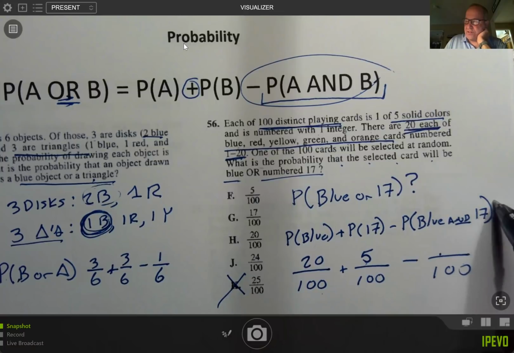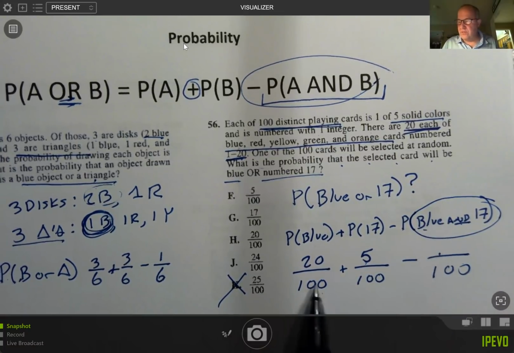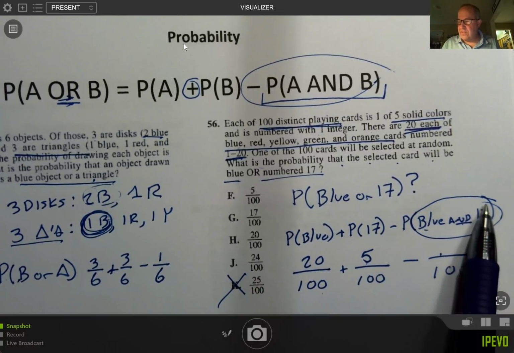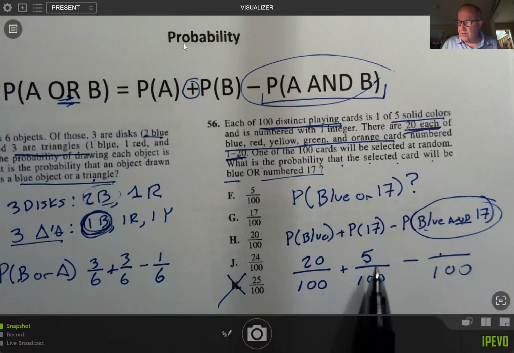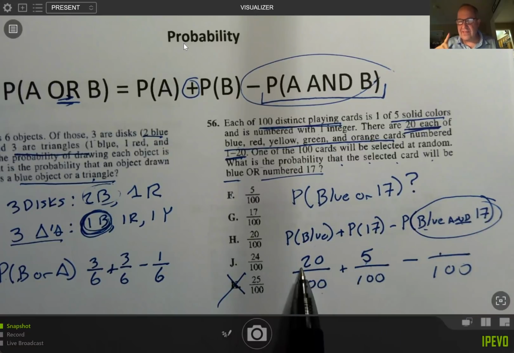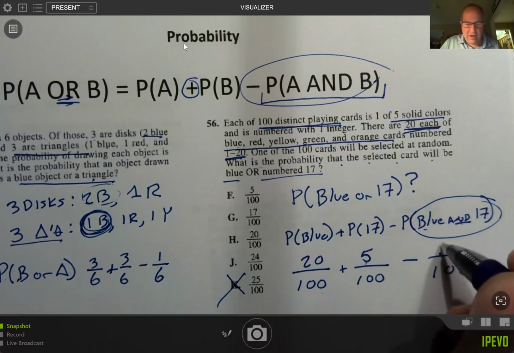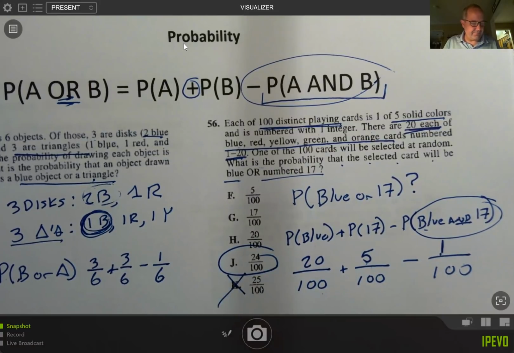We actually counted the blue 17 twice. The blue got counted in with the blues, and the 17 got counted over here. This blue 17 is in both pieces. We can only count it once. So let's subtract it from there. And now we'll be left with letter J.